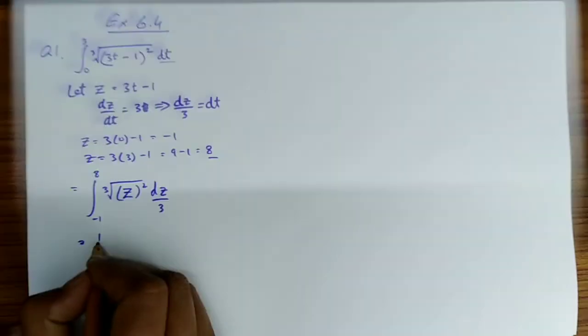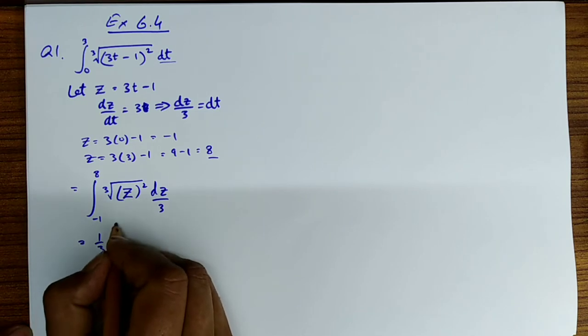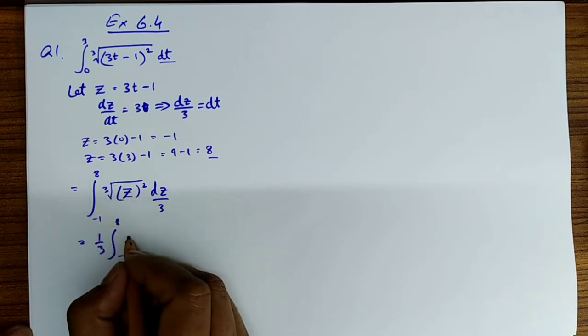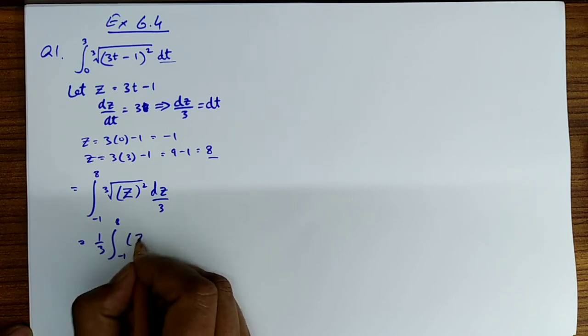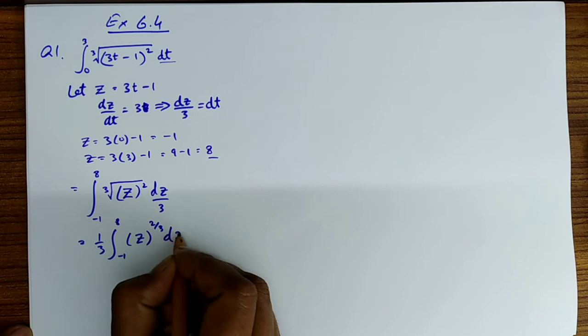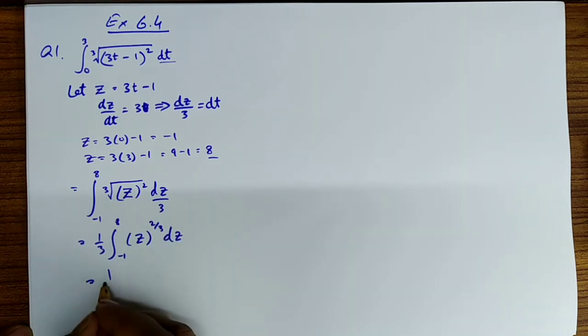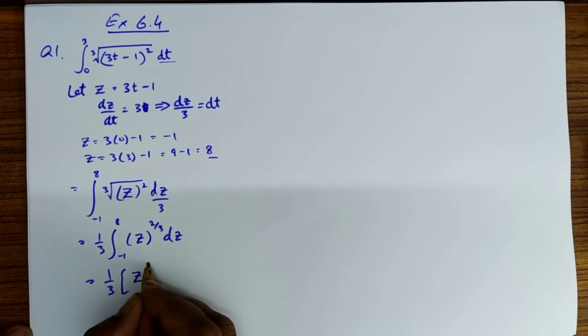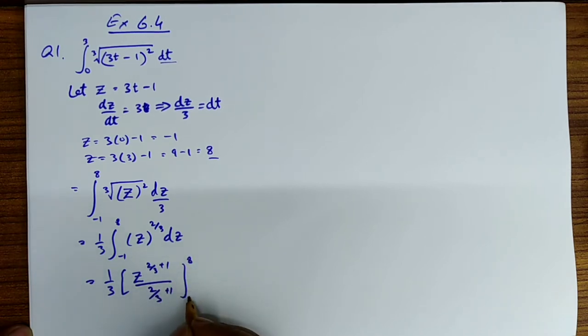Take out this 1 upon 3 outside here, 8 minus 1. Now remove this cube root and write it in the form of a fraction. That will give me z power 2 upon 3, dz. Taking the integral now, that will provide 2 upon 3 plus 1 in the denominator, upper limit is 8, lower limit is minus 1.